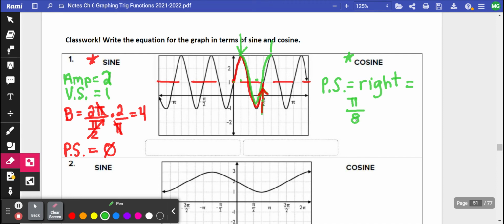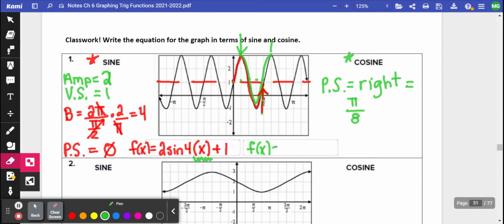So let's write the equations. Remember, lots going to be the same here. So for sine, we have our amplitude of 2 times the sine of our b value, which is 4, times x, because we don't have a phase shift. And then we add 1, which is our vertical shift. For cosine, a lot of it's going to be the same, just what's happening inside these parentheses will be different.